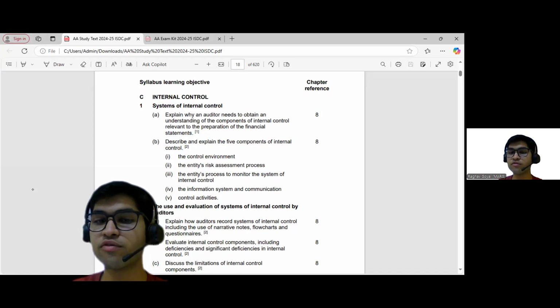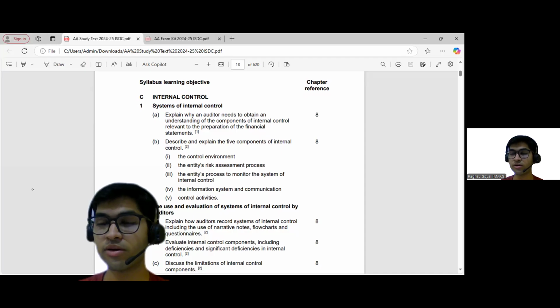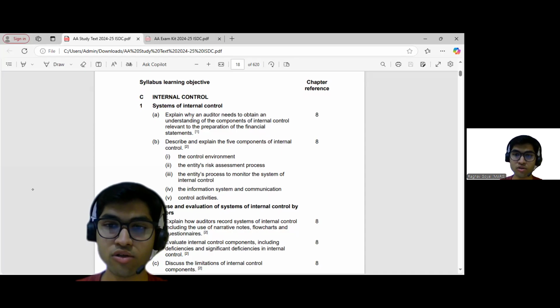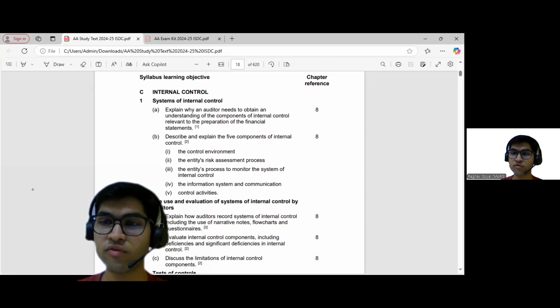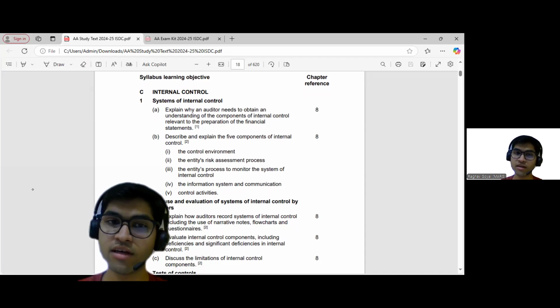You won't need to test the full population because that may not be possible in the case of larger entities which, let's say, make 1 lakh transactions every day. So in that case, it won't be possible for you to do full substantive testing. At that time, internal control is very important.